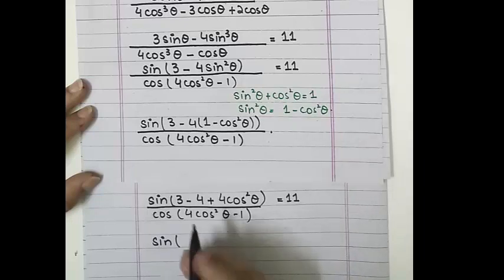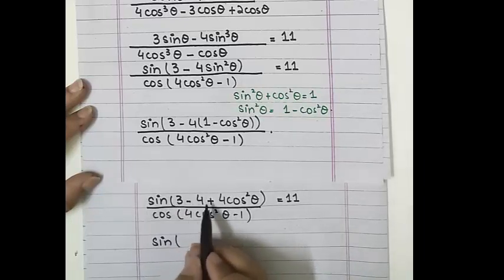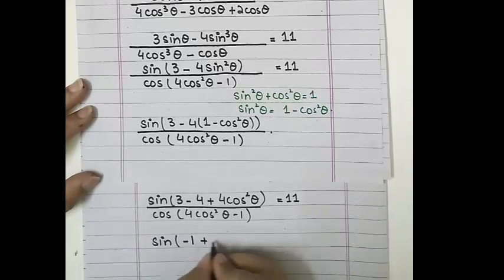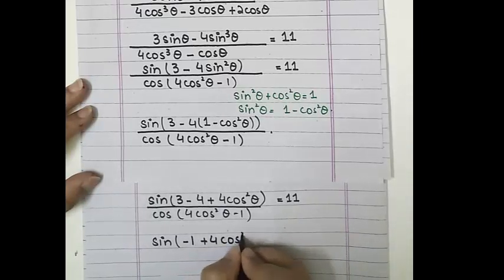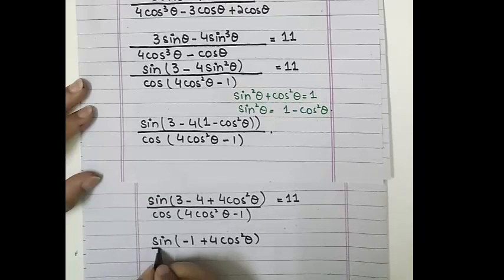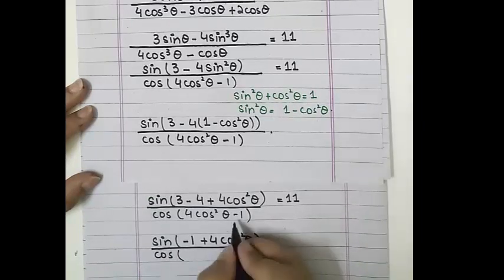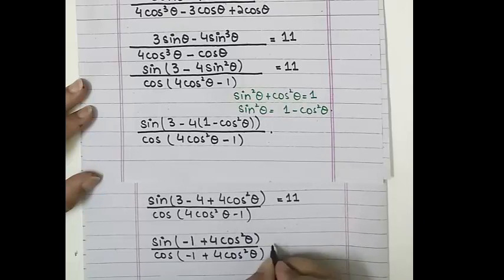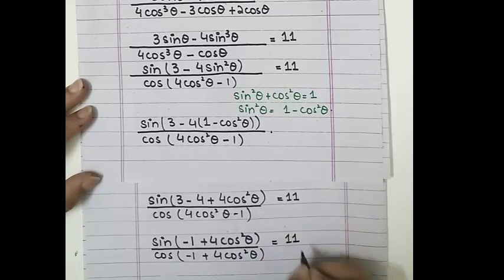Now this is 3 minus 4, which is equal to minus 1, plus 4 cos square theta divided by cos theta, and this is also minus 1 plus 4 cos square theta, and this is equal to 11.